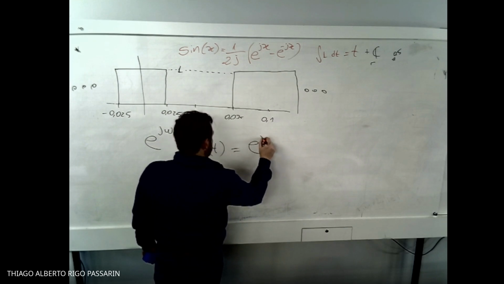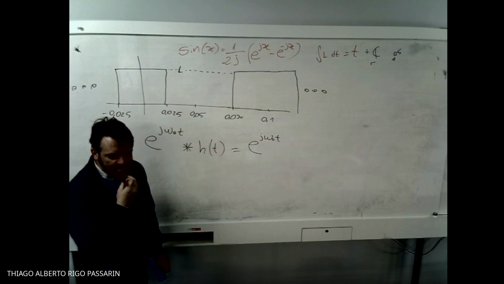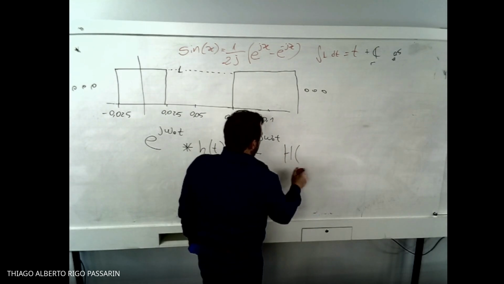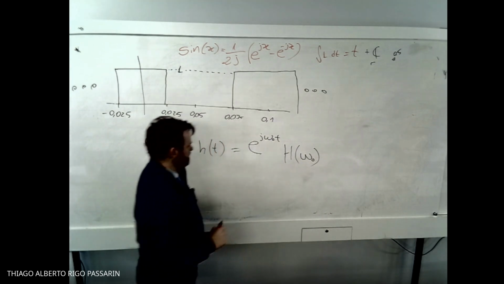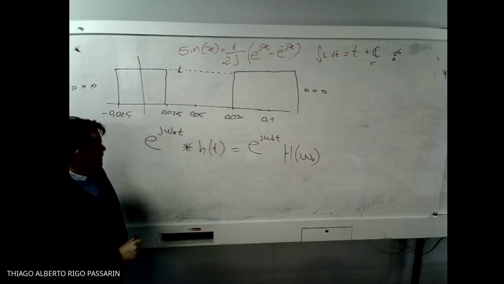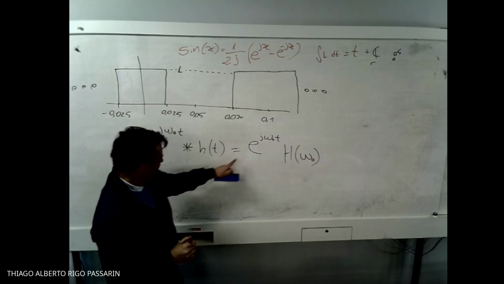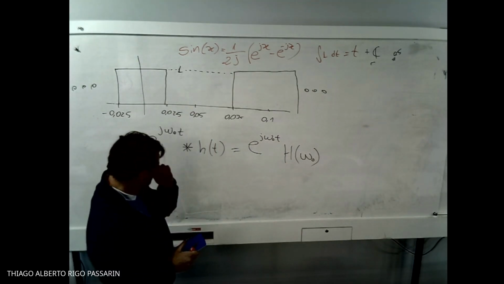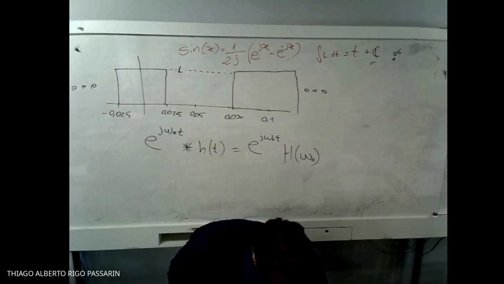The same function, times the frequency response at this frequency. So again, we avoid some complicated operation because it's an eigenfunction. We just have to find the frequency response. And I have an example here.